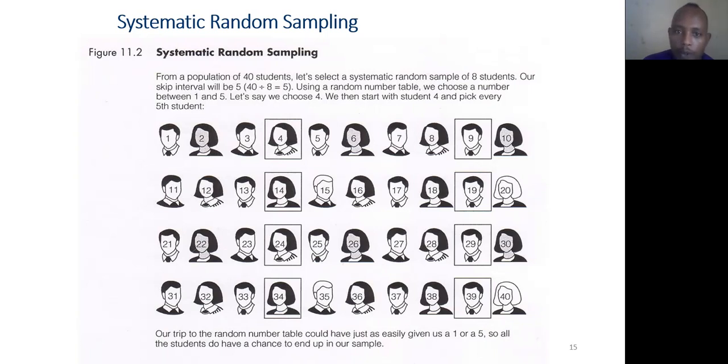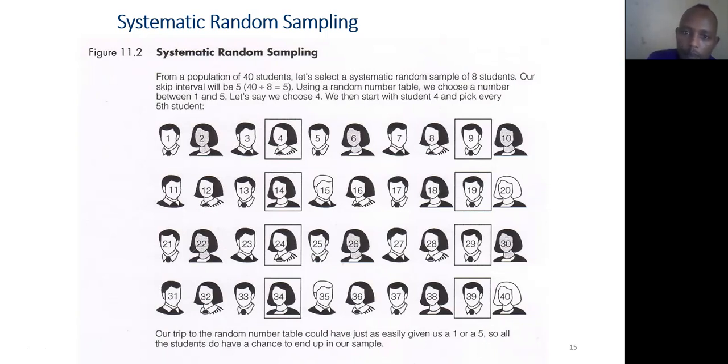From 40 students, we want to have only 8 individuals to be included in our sample. To do that, we divide the 40 total population, the total number of students, by the number of desired sample. That is 5.